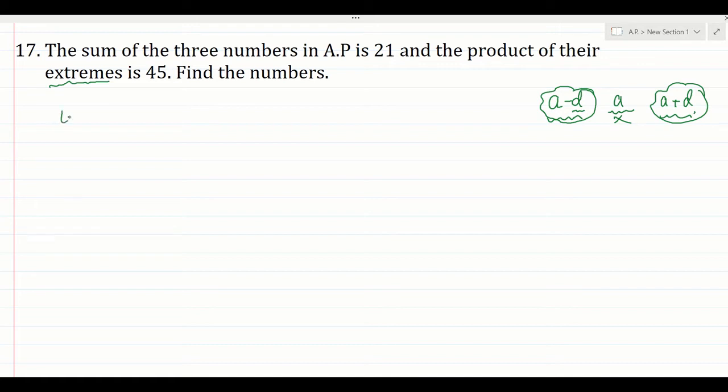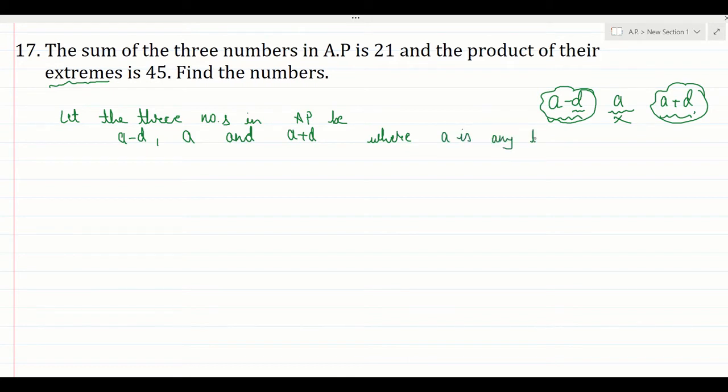So we'll suppose let the three numbers in AP be A minus D, A and A plus D, where A is any term and D is the common difference.